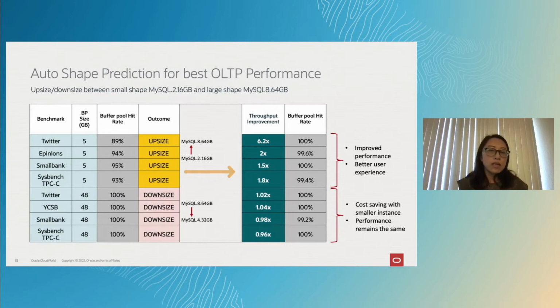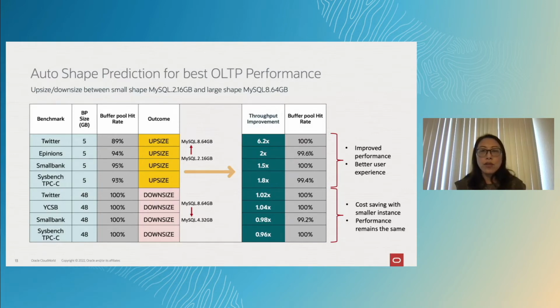In the second set of experiments, we started off with a bigger instance with 8 vCPU and 64 gigabytes of memory. When we ran those benchmarks, the auto shape prediction predicted that we don't need such a big instance to run this workload. It suggests 4 vCPU and 32 gigabytes of memory.